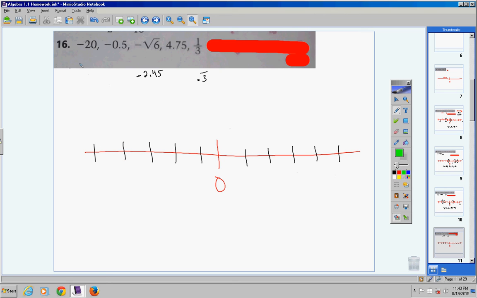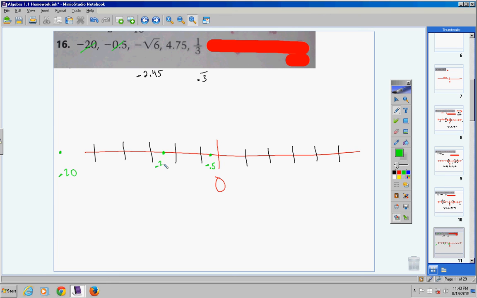Okay, negative 20 of course is way over here somewhere, so I'll put a dot here and put negative 20. Next is negative 0.5, so here's 0, here's negative 1, so negative 0.5 is about right here. Next is negative 2.45, negative 1, negative 2, about right here.